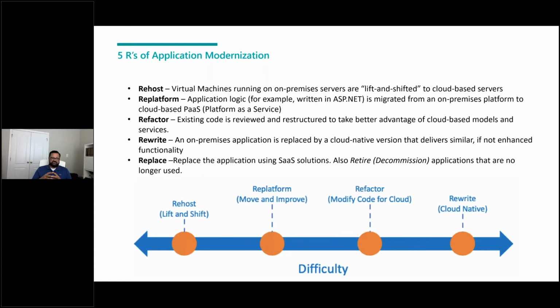For example, moving away from a database server to a database service. Refactoring is the third option, where you tear apart the system and take the code, refactor it to suit the capabilities that the cloud provides. That's the third model.